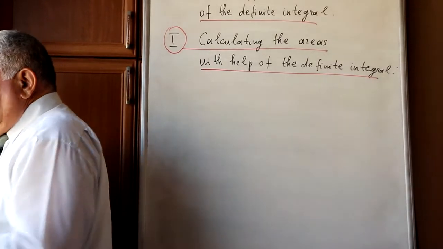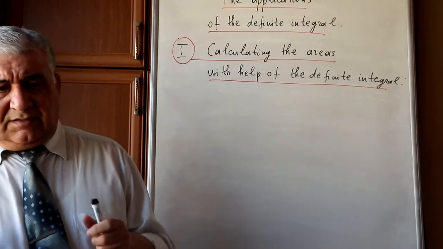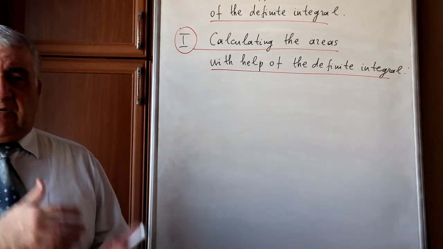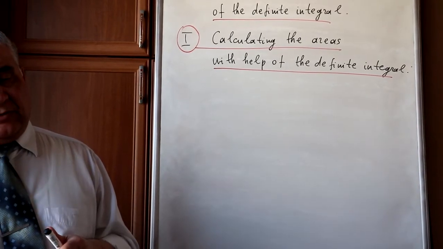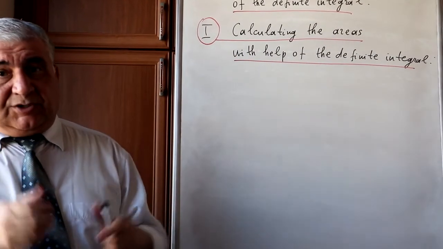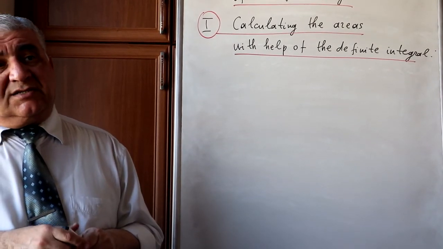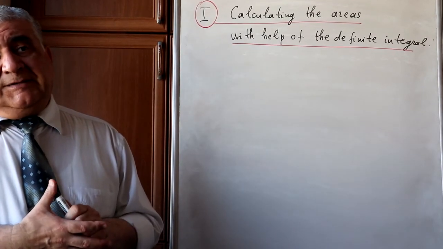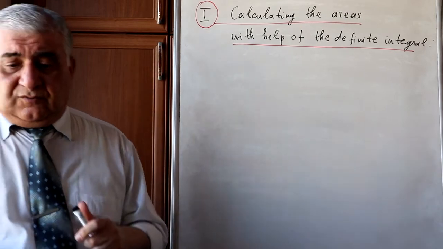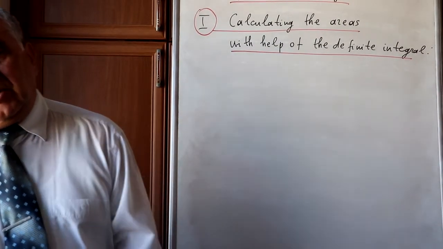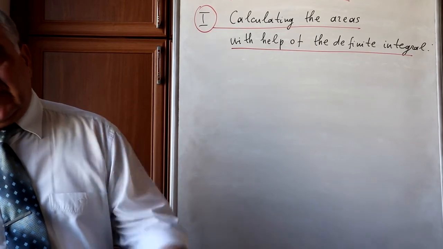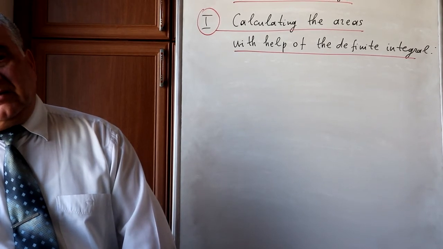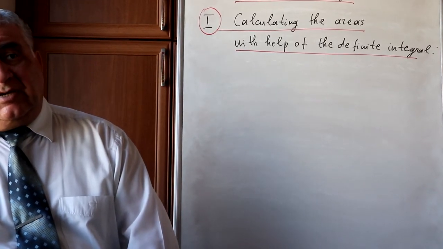If a geometric figure is bounded by the graphs of two functions f1 of x and f2 of x and the vertical lines with the equations x equals a and x equals b, then we can calculate the corresponding area by the following formula.